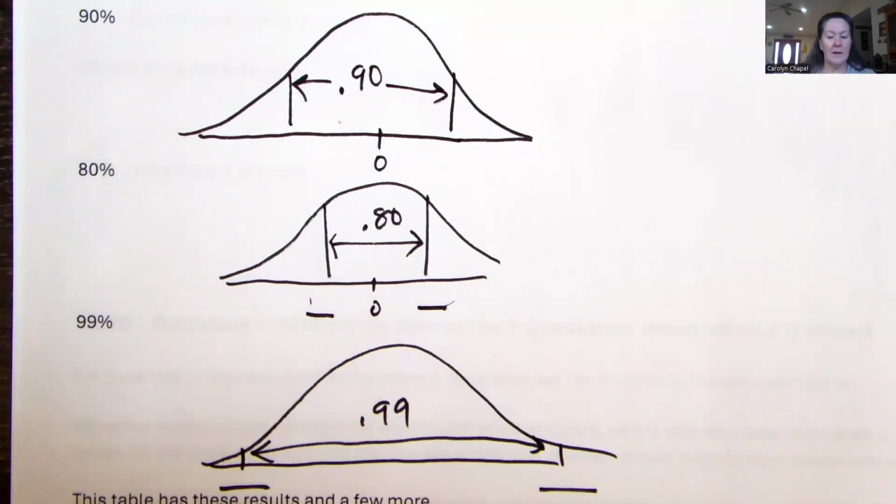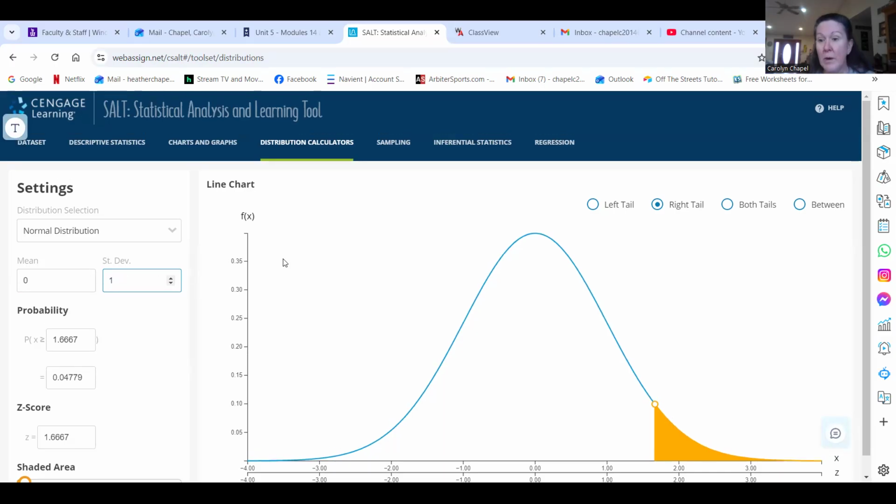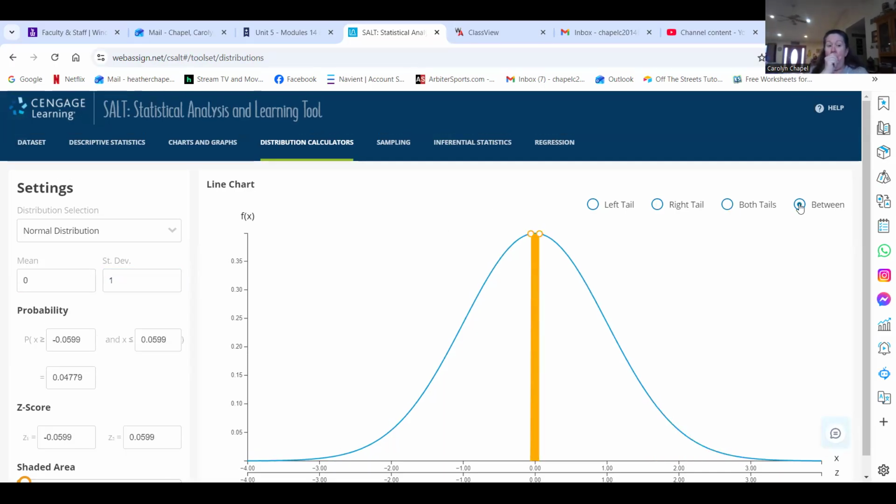And I'm going to be going into my standard normal. So again, mean of 0, standard deviation of 1. We're looking for an area between, so we're going to be using the between button. And I know the probability, so I know this yellow shaded piece.